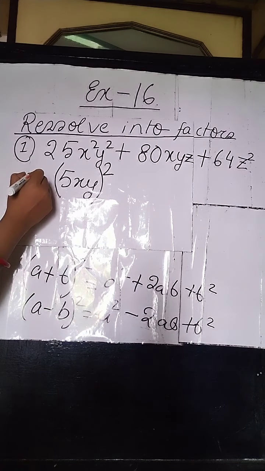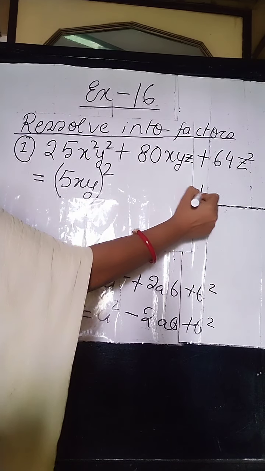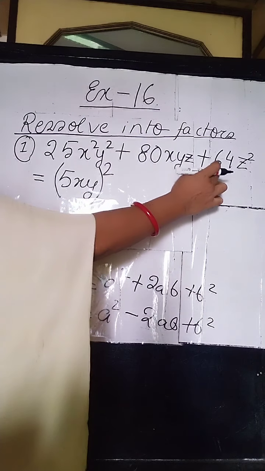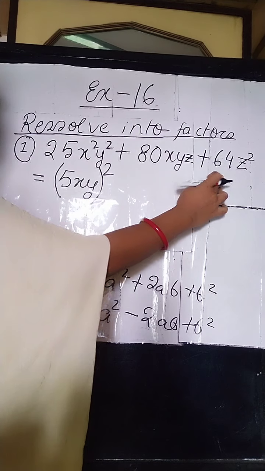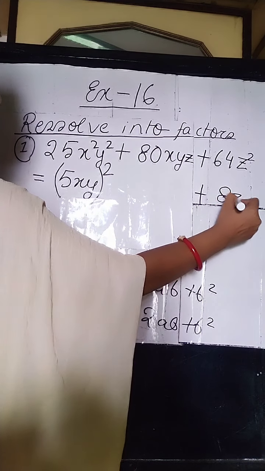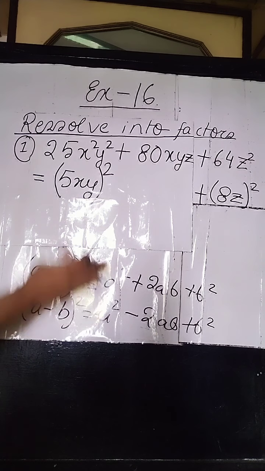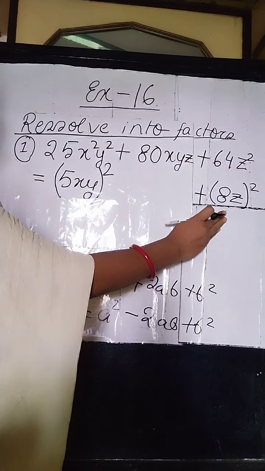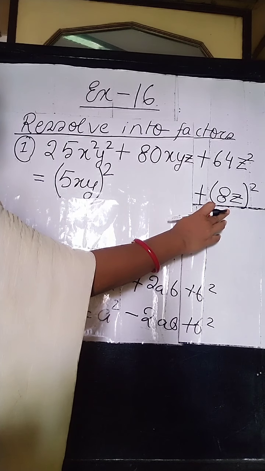Again, consider the last term, 64z square. If we do the square root of this, we get 8z whole square. So from the first term we have got 5xy whole square, and from the last term we have got 8z whole square.